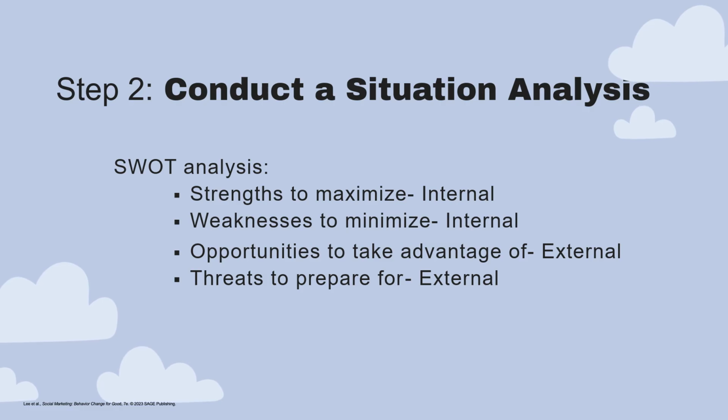Internal factors may include availability of resources, management support, current alliances and partners, delivery capabilities, and priority issues. External forces in the marketplace that represent opportunities to take advantage of or threats to prepare for could include cultural, technological, natural, demographic, economic, political, and legal forces.